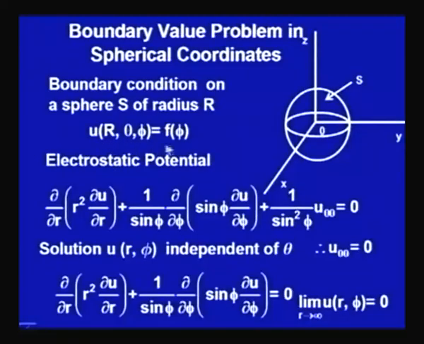Let us learn how to solve the Dirichlet boundary value problem, where my differential equation is this and the boundary condition is this one, using one more condition on the limiting case.